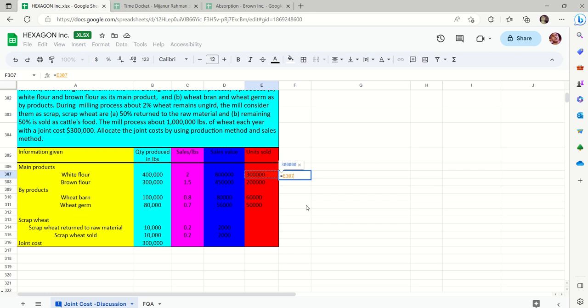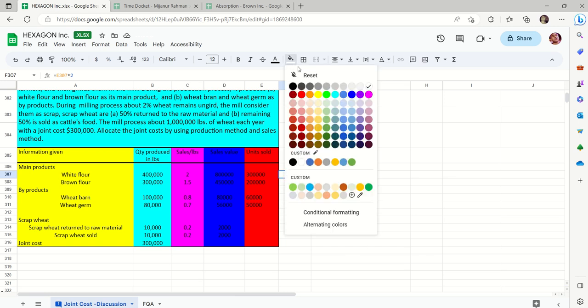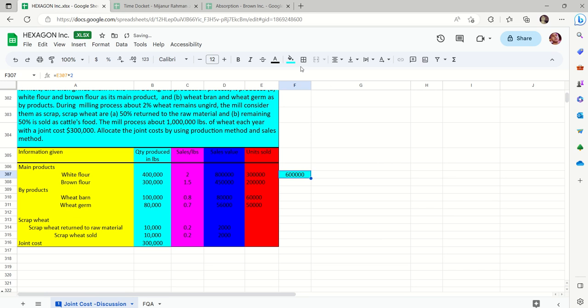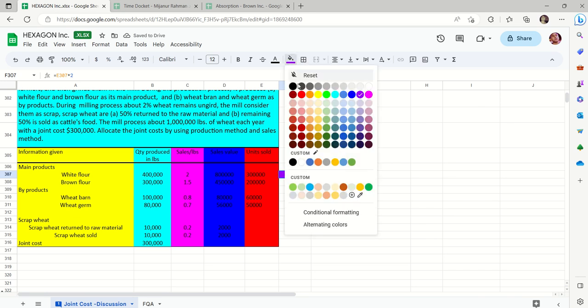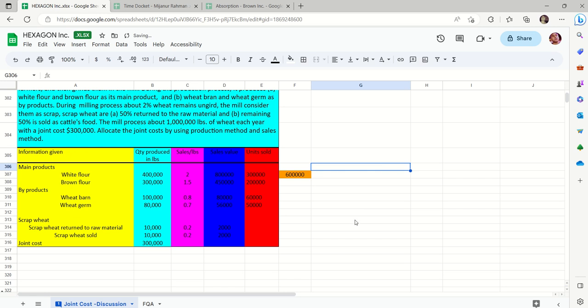These 300,000 multiplied by the sales value, which is $2 in the market. We sold those, so we have to collect. We have to record the revenue right there, 600,000. I'm going to highlight that in another color, maybe purple, orange. We don't use orange. Okay, so in orange.